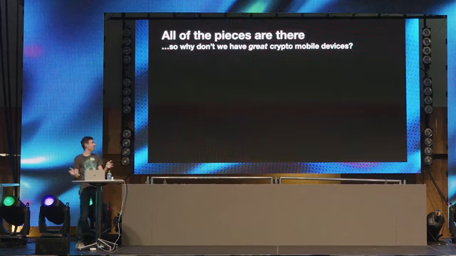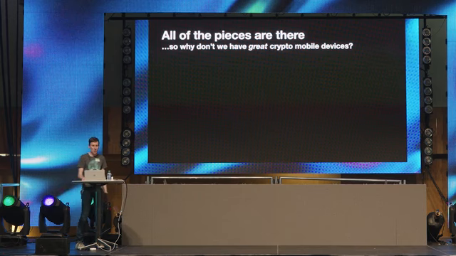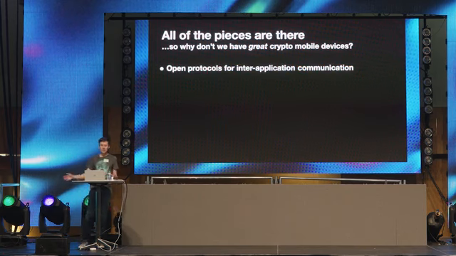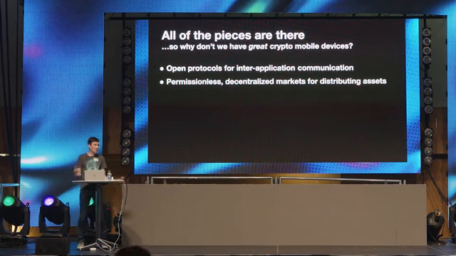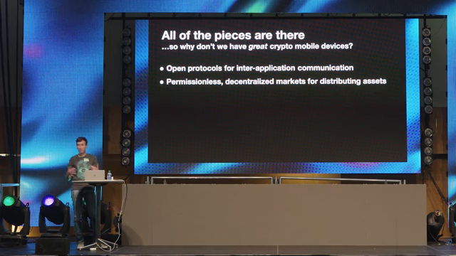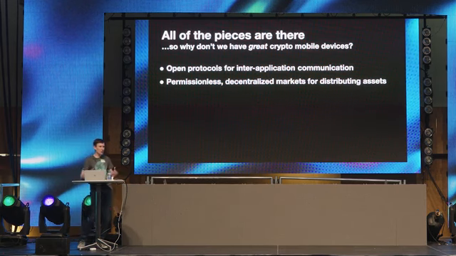And all of the pieces that we need are here, right? We have open protocols for inter-application communication, like WebSockets and Bluetooth and everything else. And we have permissionless, decentralized markets for distributing stuff, right? NFTs, this is one giant secondary market for distributing assets in a permissionless, decentralized way.